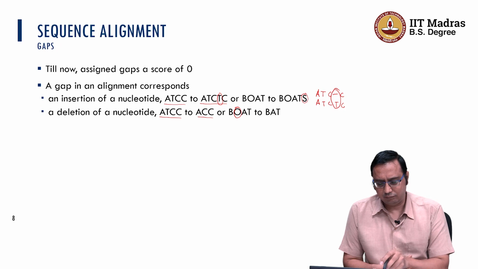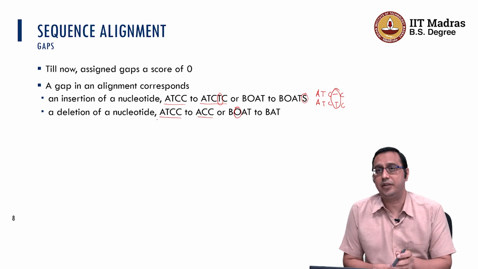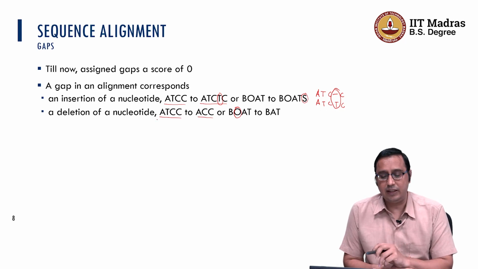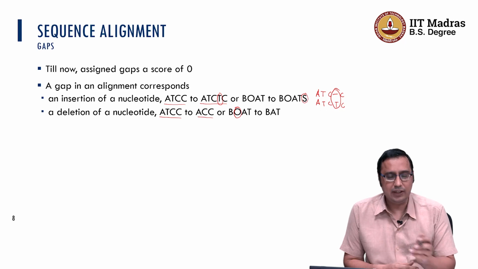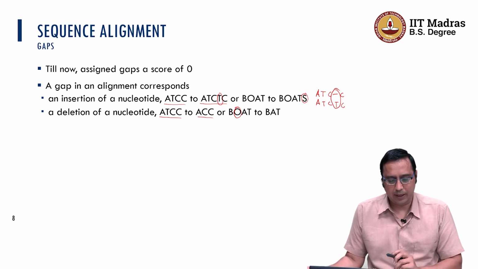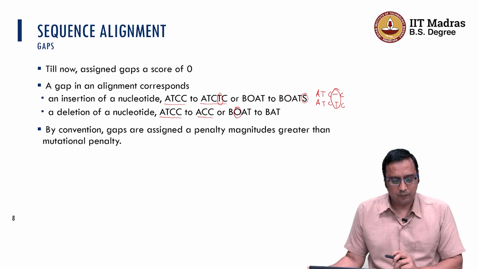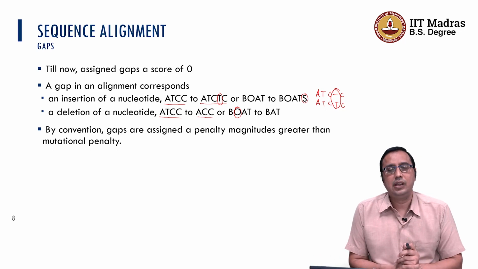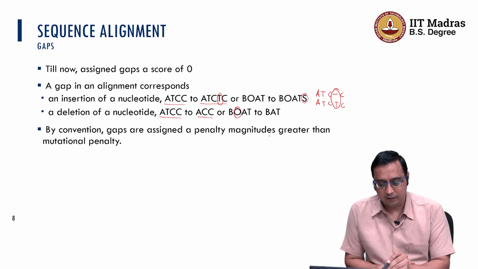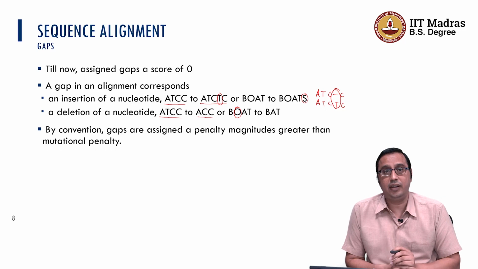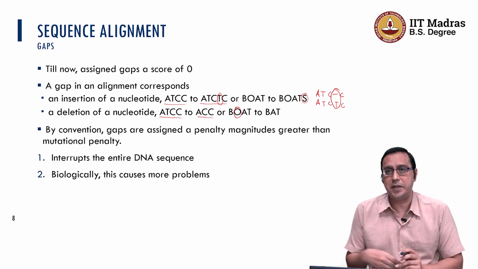And you can see that Boat becomes Bat by just deletion of O. Similar kind of implication might be there in deletion or even insertion. Hence, gaps sometimes are more worrisome than the mismatch. And that's why by convention gaps are assigned a penalty magnitude greater than the mutation penalty or mismatch penalties.